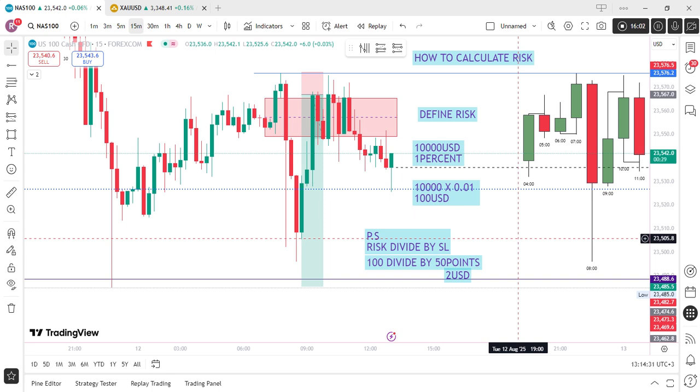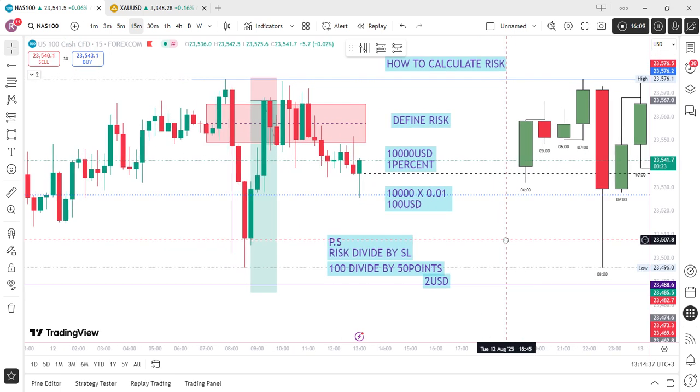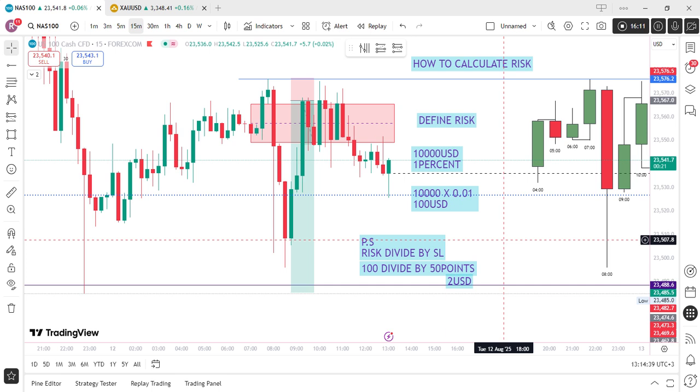All you have to do is enter your account size, then enter risk per trade, whether in dollars or percentage. Then put your stop loss, the amount of points or pips you're risking, and your entry price. Then automatically it will tell you how many lots or contracts you're supposed to be using to enter that trade. That is the easiest part.